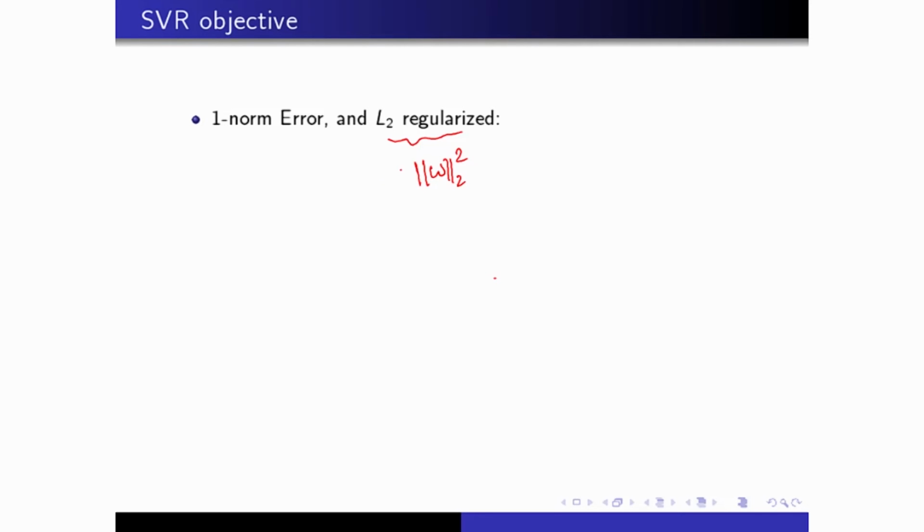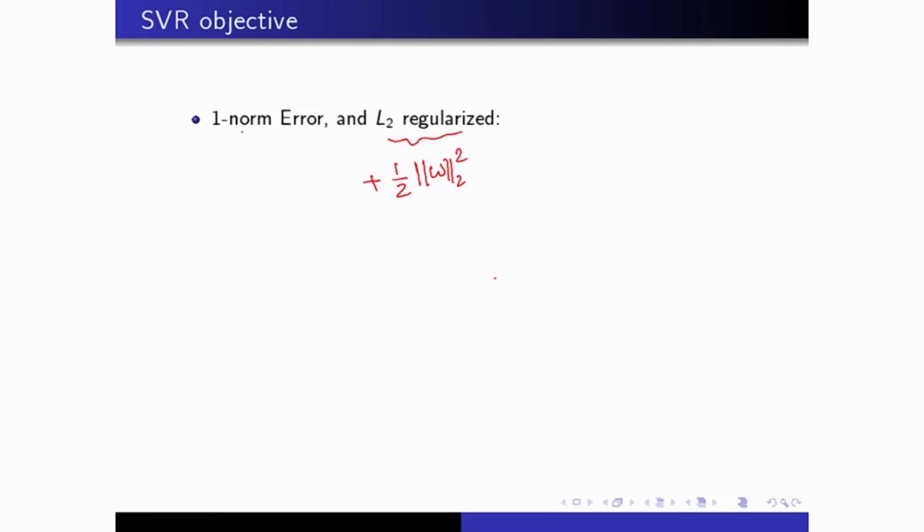What we'll do is scale this by a half, because this is going to help us in optimization steps. This half basically gets cancelled out against the multiple 2 that surfaces when you take the gradient of norm w square, but practically it doesn't matter whether you have a half here or not.